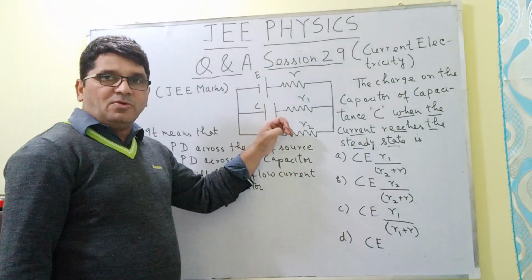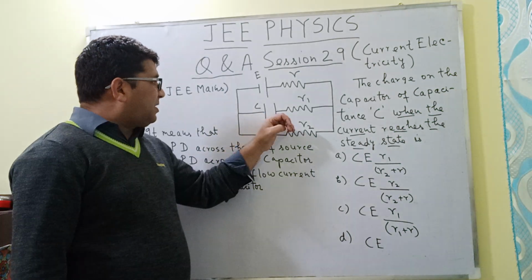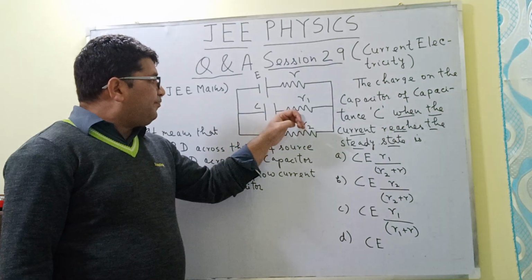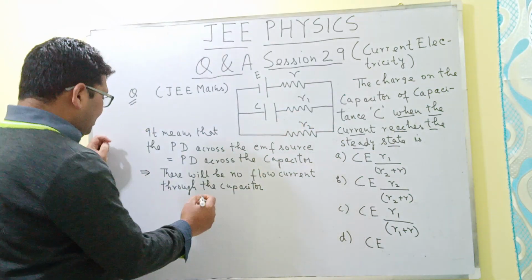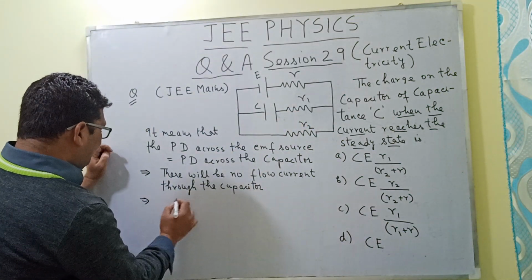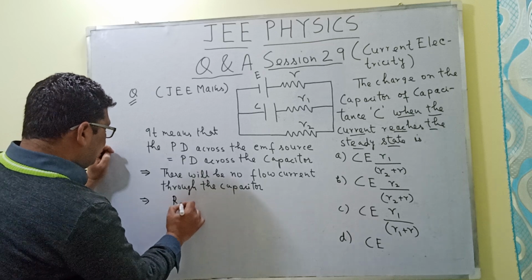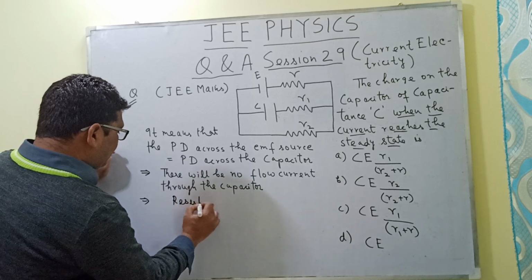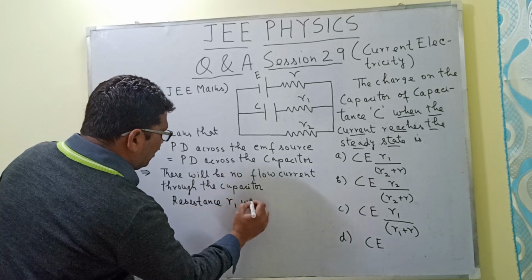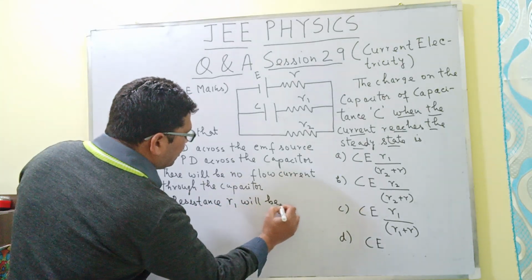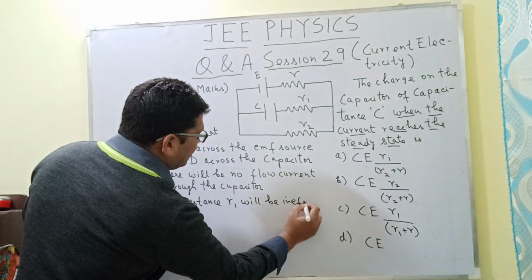And when there is no flow through this capacitor, then this resistance R1 will be ineffective. So it implies that resistance R1 will be ineffective.